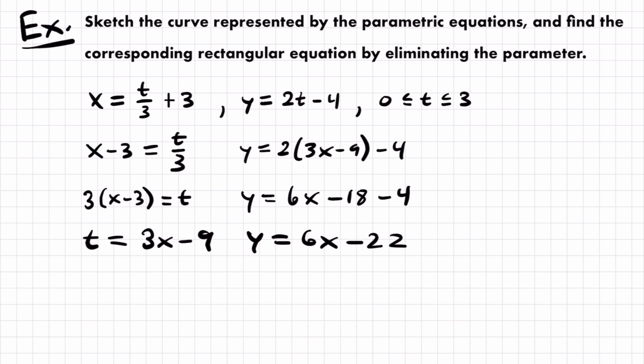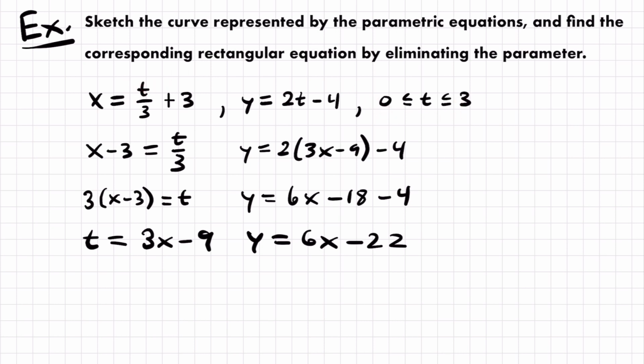However, we do need to figure out where that line begins and ends based on our values of t. We know that t is defined from 0 to 3. So the line represented by this equation is not going to continue on forever in the positive and negative direction. It only exists for the coordinate points of x and y that result from plugging in values of t from 0 to 3.